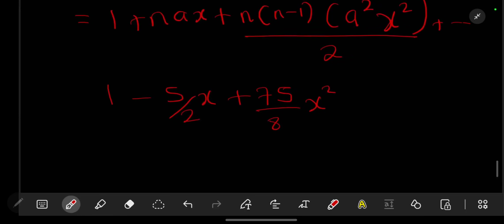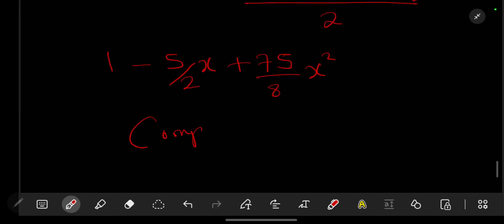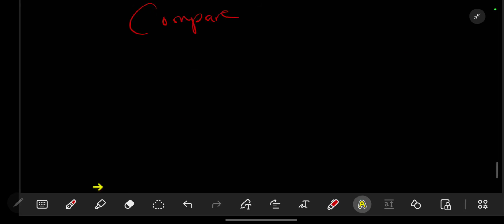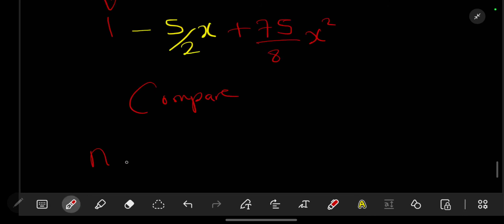Then all you have to do is compare. From your comparison, you can see that this and this are the same, so this one has to be the same as this one. So nax should be equal to negative 5 over 2 x.